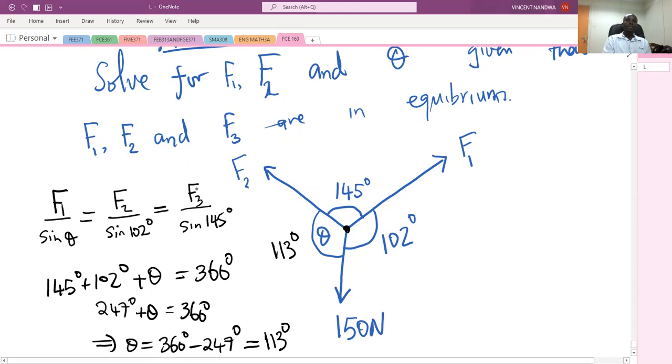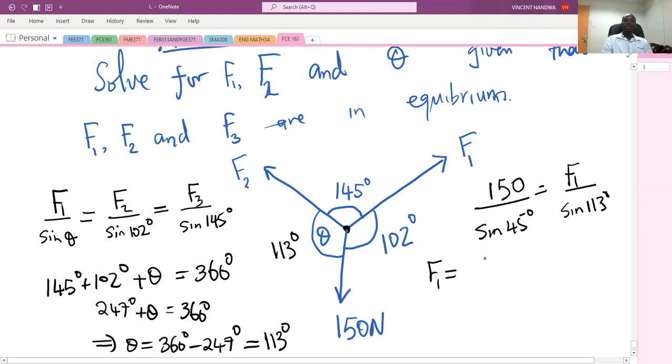Now, because F3 is known, we'll have 150 over sine of 145 should give us F1 over sine of 113 degrees. So F1 will be 150 sine of 113 divided by sine of 145 degrees.